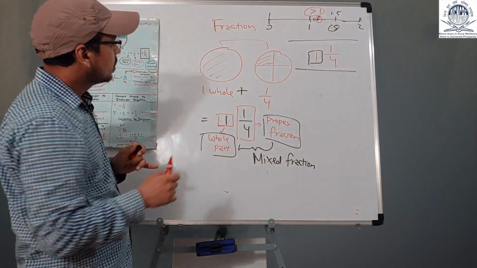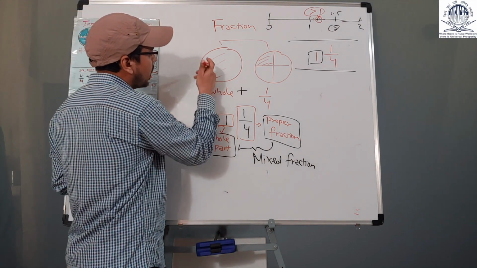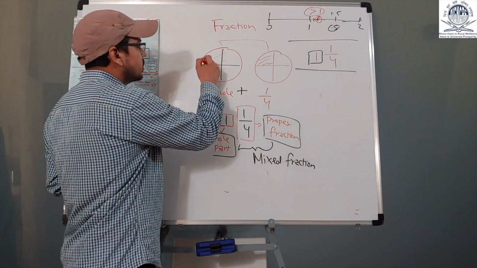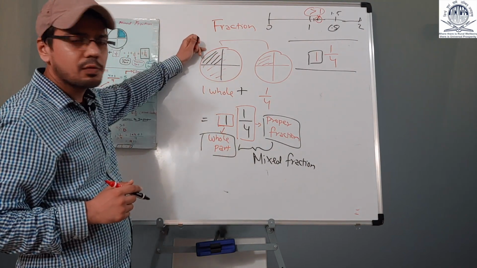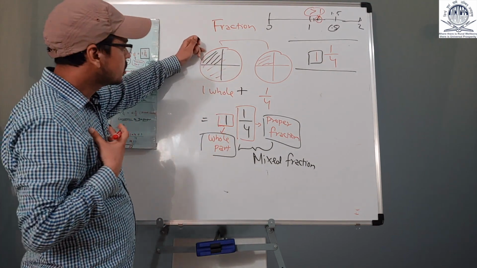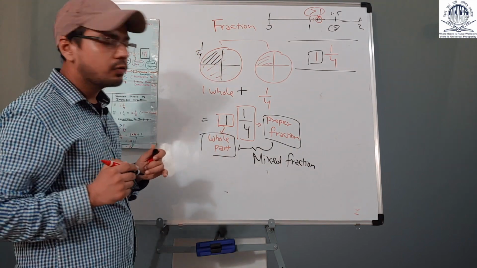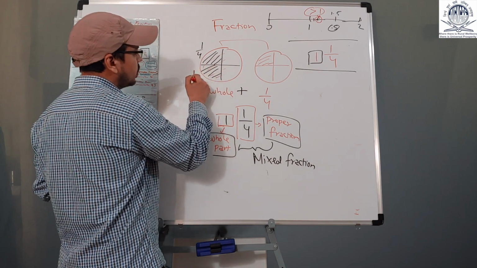What if I divide this whole part into four equal parts? Say it's a pizza which I have ordered, a whole pizza, and obviously it's for me. Slowly I have one part. How much did I eat? 1 out of 4. Then I ate another part, which is 1 out of 4.